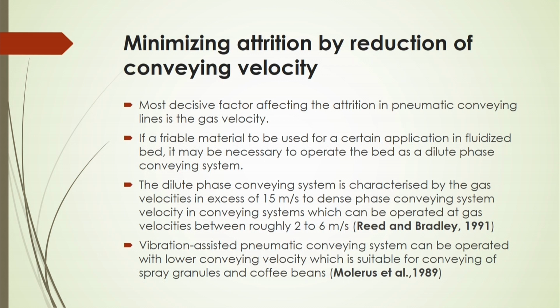If a friable material is to be used for a certain application in a fluidized bed, then it is necessary to operate the bed as a dilute phase conveying system. The dilute phase conveying system is generally characterized by a gas velocity in excess of 15 meter per second, and the dense phase conveying system can be operated at a gas velocity between roughly 2 to 6 meter per second, as stated by Reed and Bradley 1991.